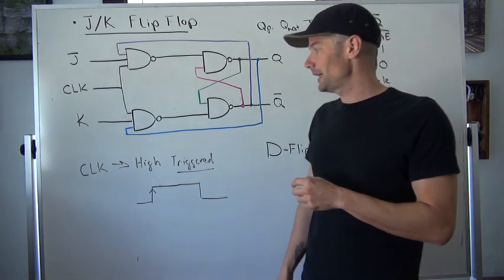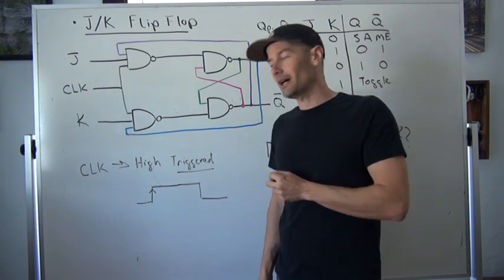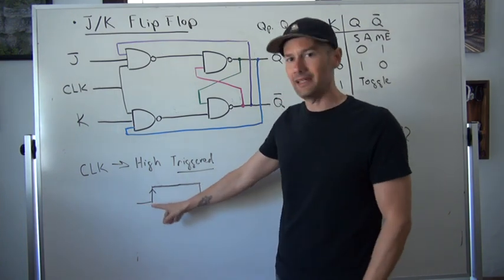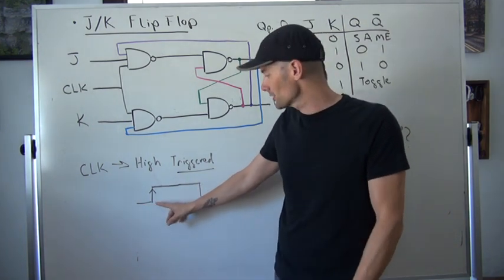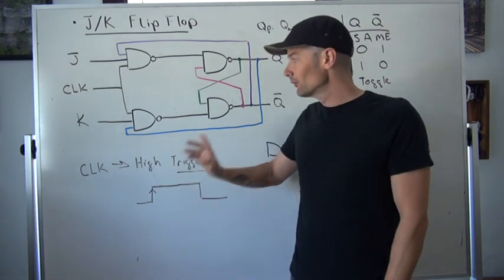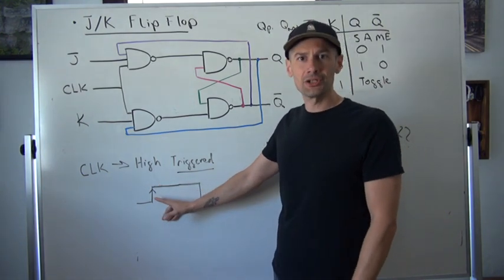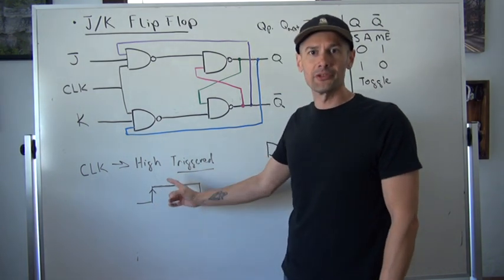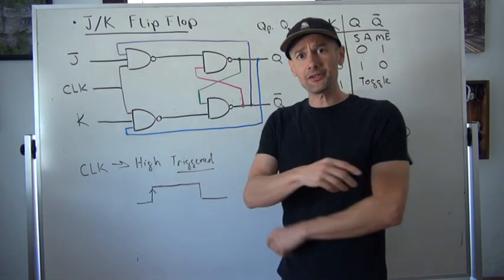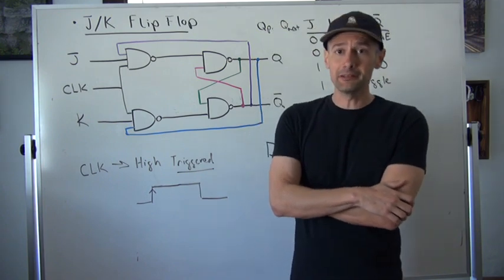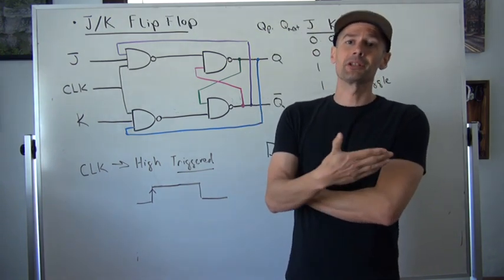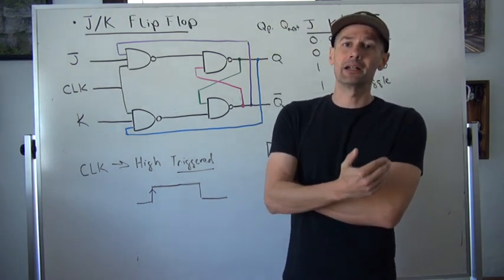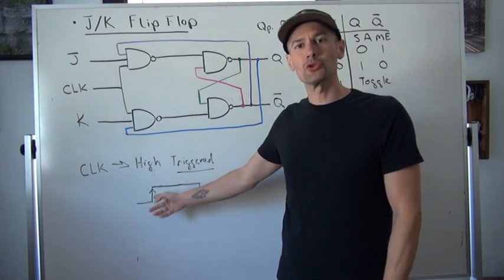What I mean by a clock going to high trigger is when we look at the edge right here, the leading edge of that clock pulse, we only have the ability to change the output when the clock pulse goes high. There is a variation on the D latch in which we can make it into a D flip-flop by allowing it to be edge triggered.